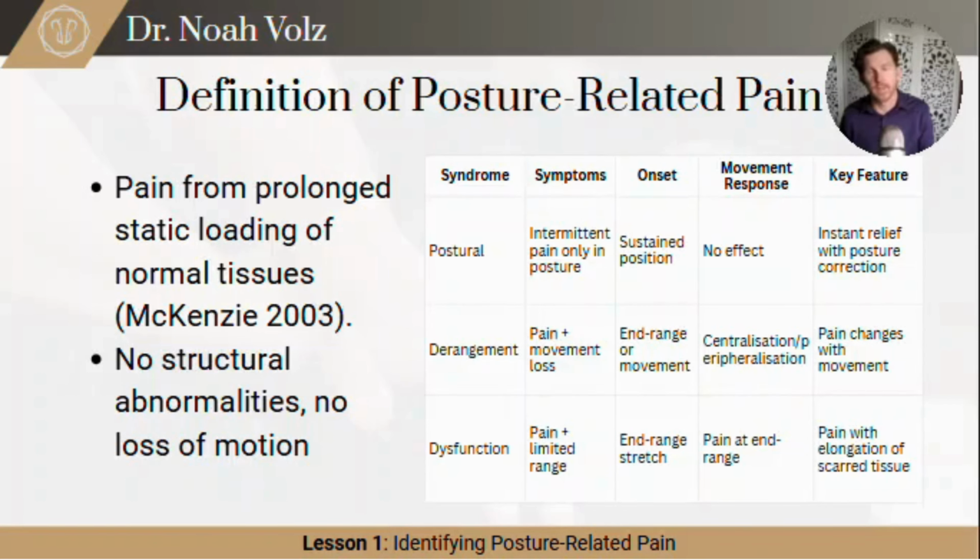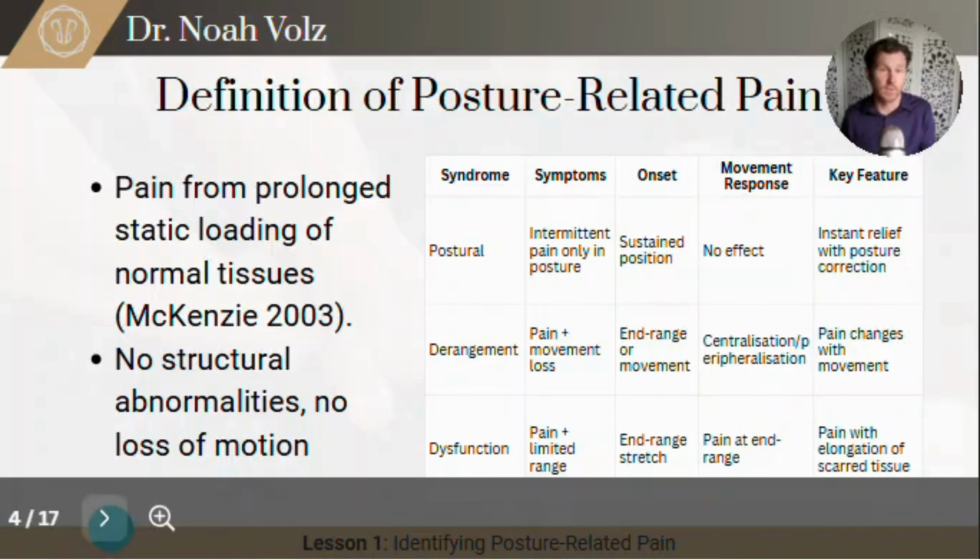That's the terminology McKenzie uses, but it's really any kind of damaged tissue. The elongation of that causes this pain pattern. So that's the differential diagnosis. You're in this course because we believe, based on your quiz results, you have posture-related pain. But if you notice that it's not working correctly, it's possible you have derangement or dysfunction. That's why I wanted to introduce those.